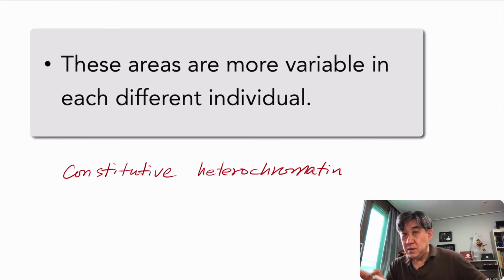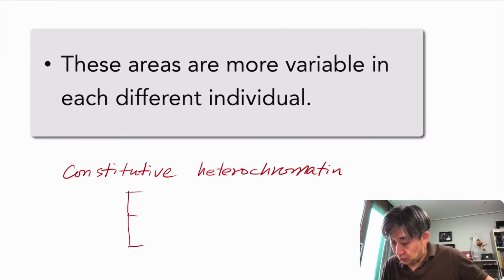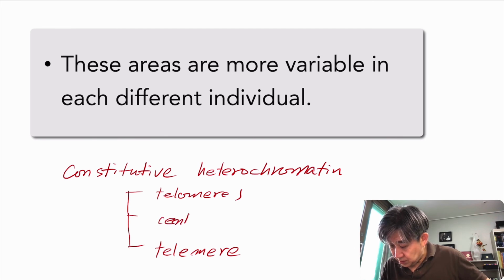Meaning that they are always, 24/7, in the heterochromatin structure, almost always. So that means a telomere, another telomere at the bottom, and the centromere area.